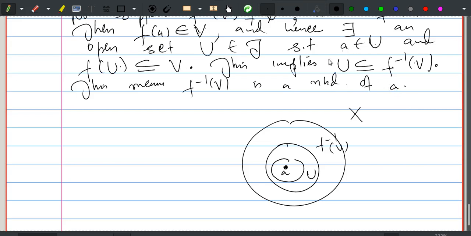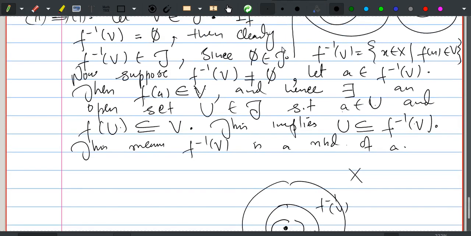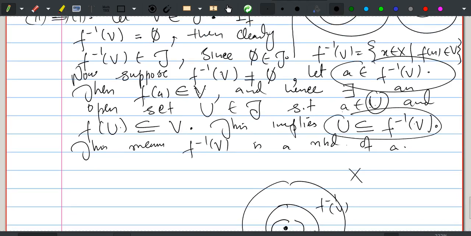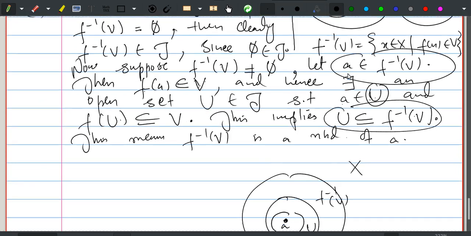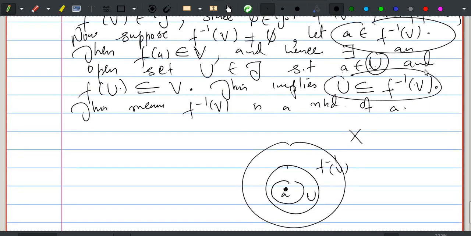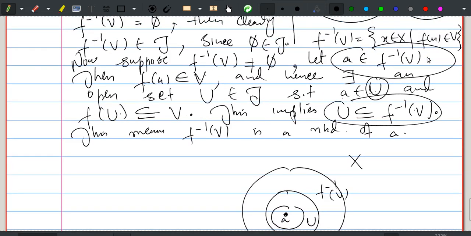So if we pick any element A here, and for this element we prove there is some open set U which contains A and is contained in f inverse V, that means f inverse V is a neighborhood of this point A. But this A was chosen arbitrarily, that means f inverse V is a neighborhood of each of its points.